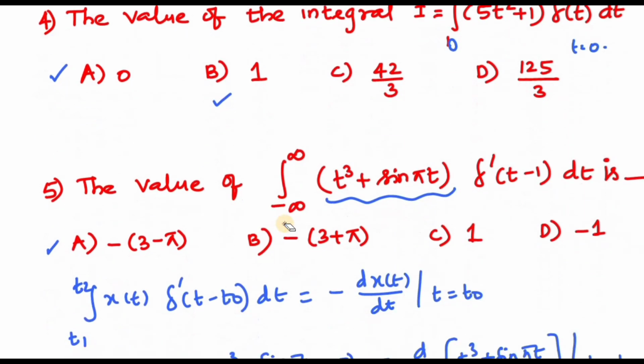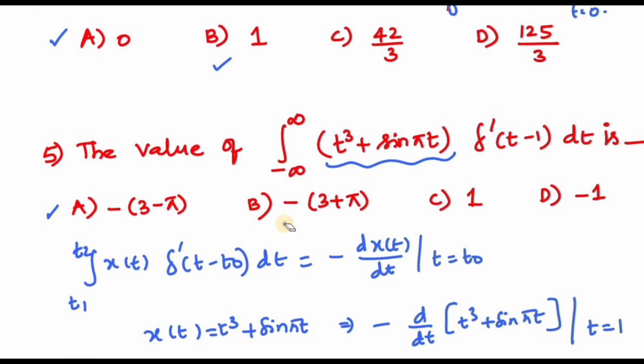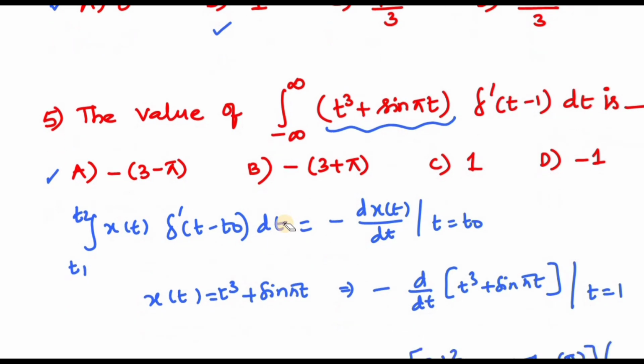So next problem, the value of minus infinity to infinity, t power 3 plus sine pi t, delta bar of t power minus 1 into dt is. So this is similar to the 8th property. So since I have 1, I will get minus 1 power 1, right?